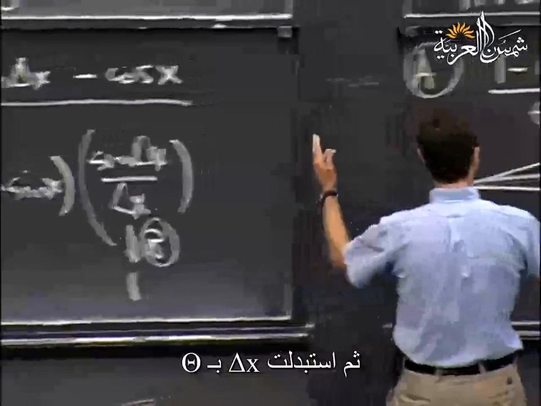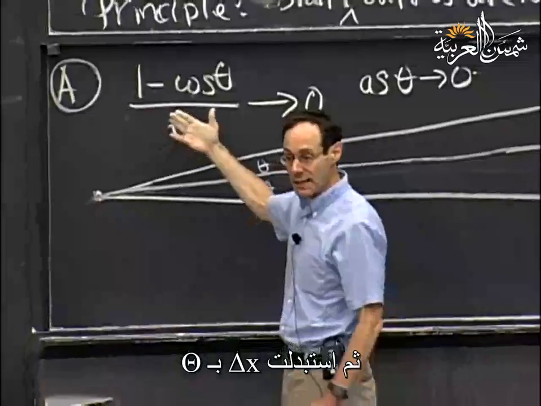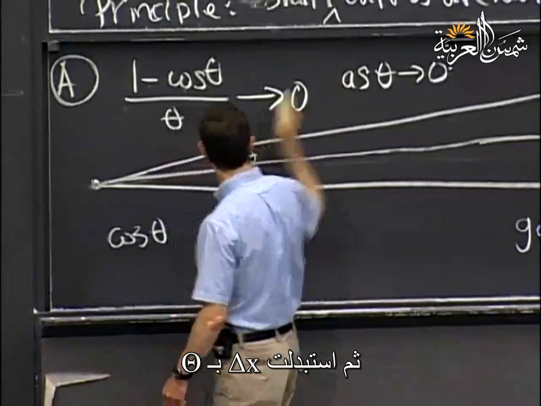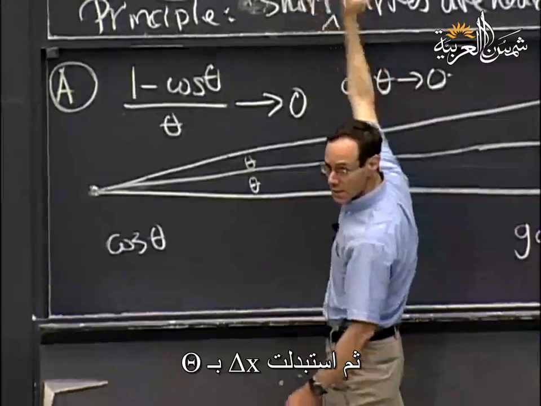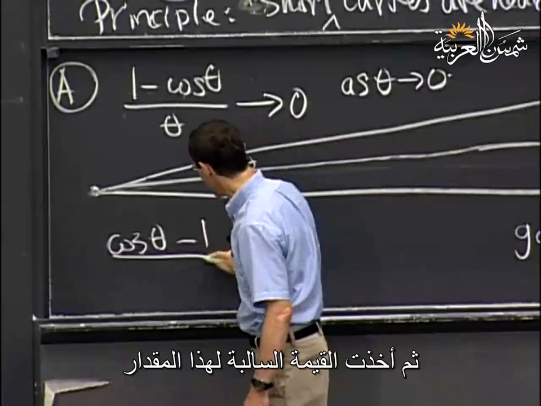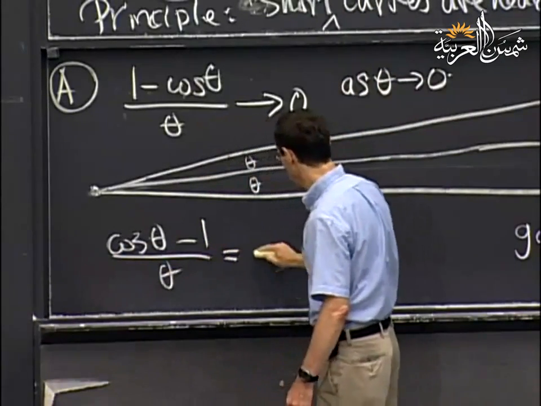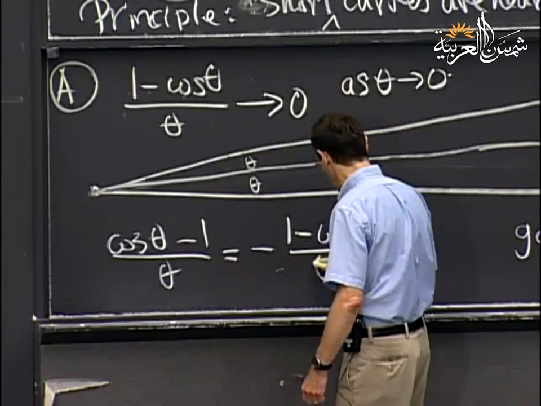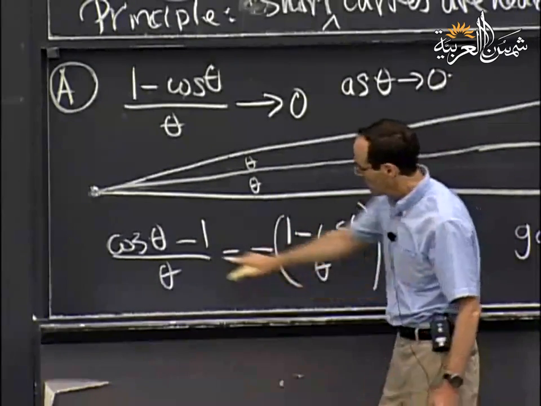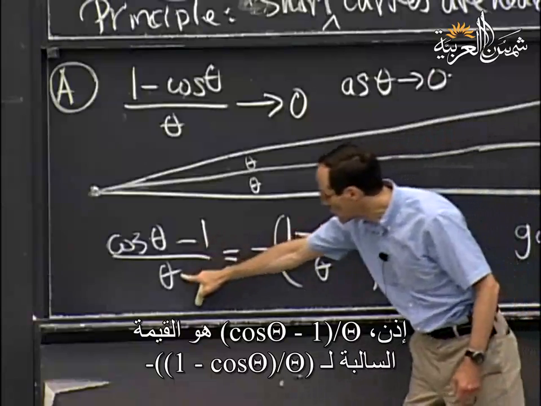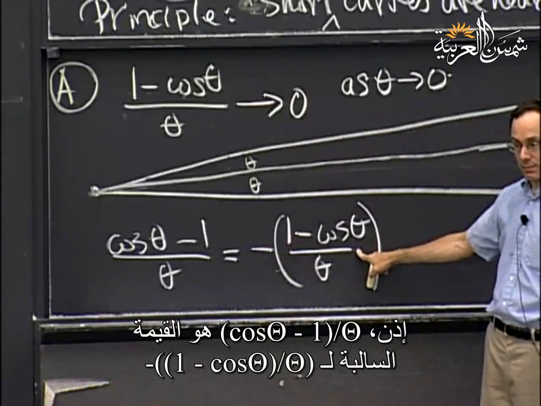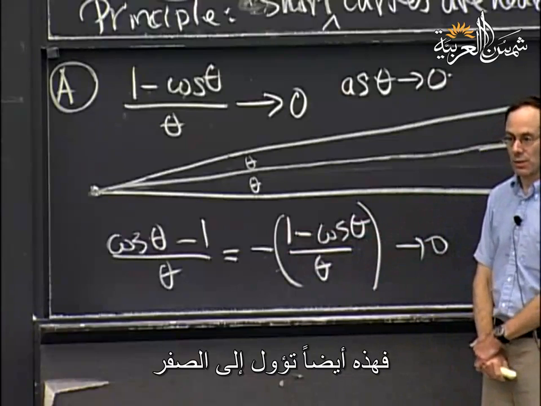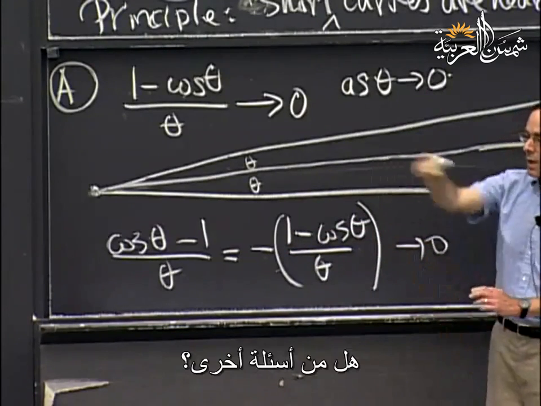Here, I wrote the minus of that. I replaced theta by delta x, but then I wrote this thing. So cosine of minus theta minus 1 is the negative of this. All right? And if I show that this goes to 0, it's the same as showing the other one goes to 0. Another question.